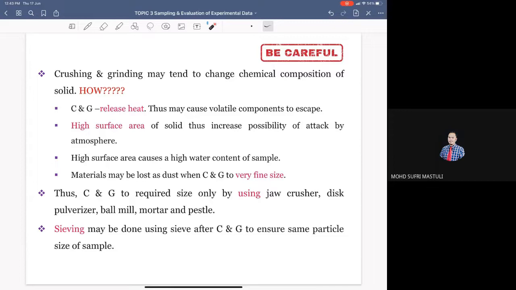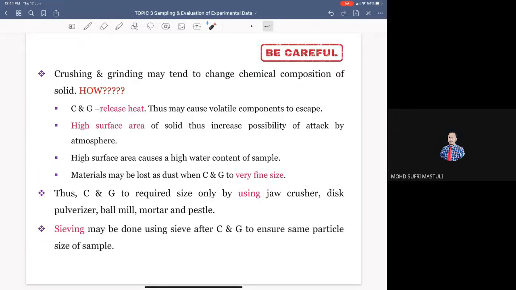So we have to use a proper crushing and grinding instrument to reduce the sample size, like the jaw crusher, pulverizer, ball milling, or even a mortar and pestle.